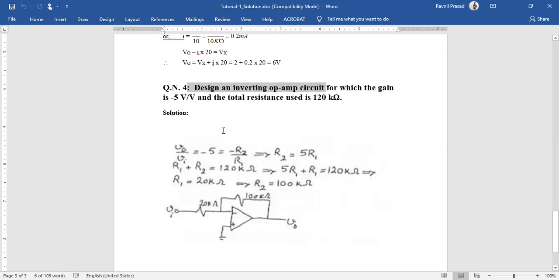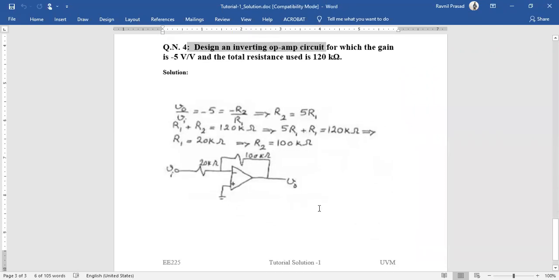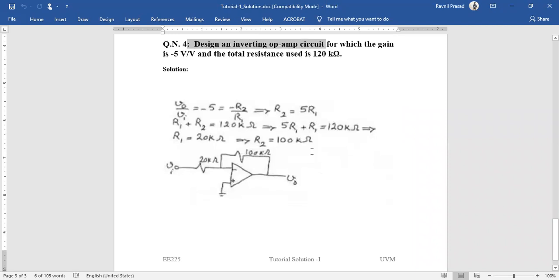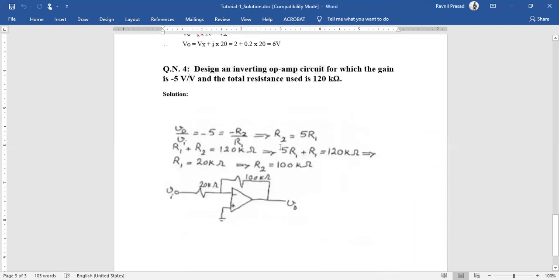So you just need to draw the circuit something like this and make sure that your R1 value is 20 kilo ohms and your R2 value is 100 kilo ohms. So this is the full solution for this question. It doesn't end at just R1 equal to 20 kilo ohms and R2 equal to 100 kilo ohms, right? You need to draw the circuit as well.